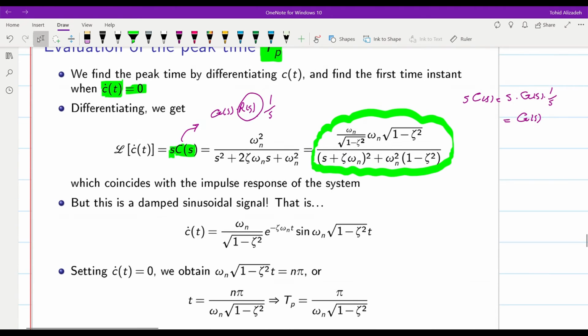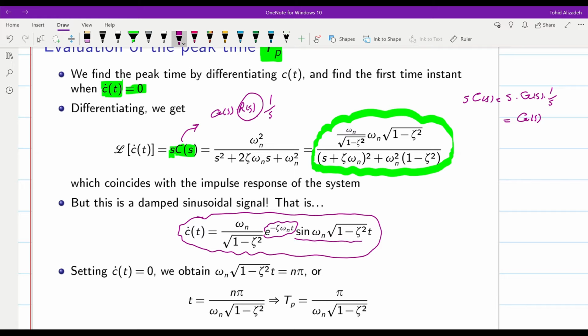On the other hand, if we have a look at the time domain derivative of c of t, we will get this expression, omega n over the denominator times this exponential term times this sinusoidal term.